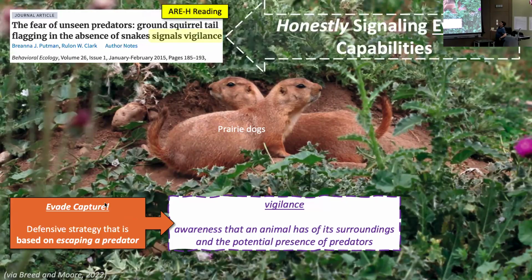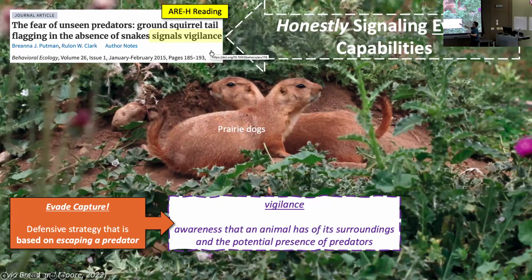And that's what this reading assignment for this unit is about. They're able to show that the tail flagging, which is an alarm call for these prairie dogs when there's predators around, is actually an honest signal of vigilance to the predator.